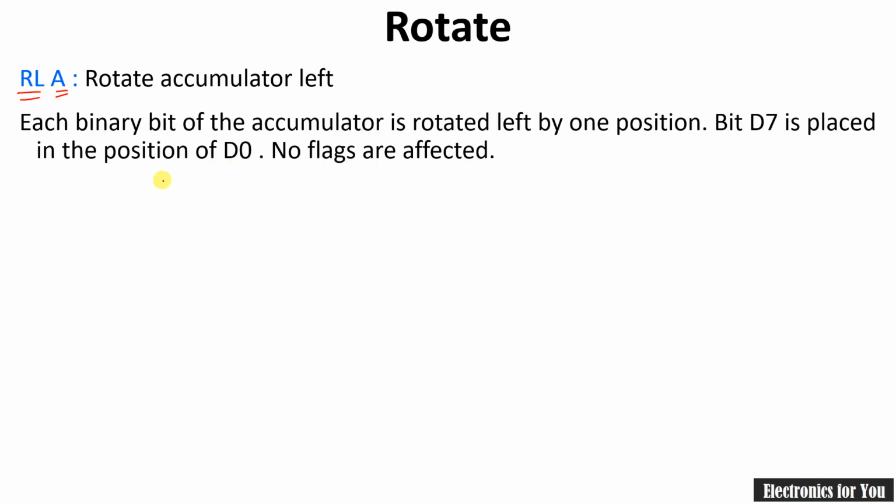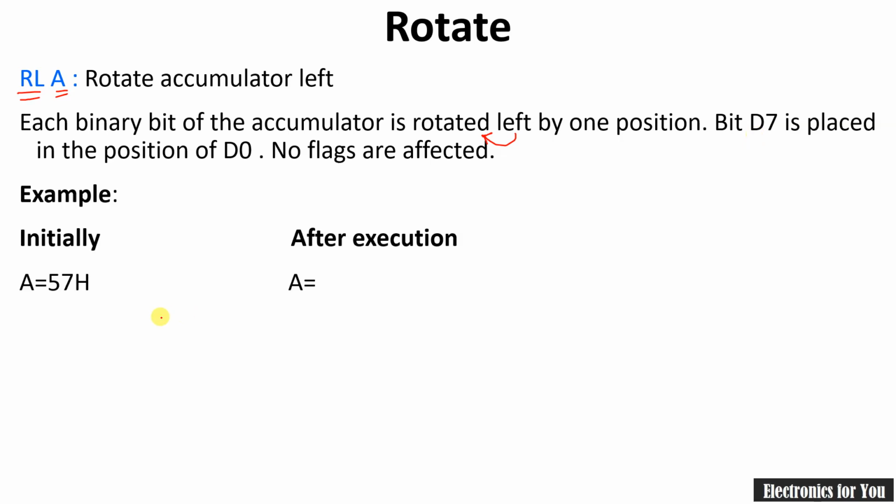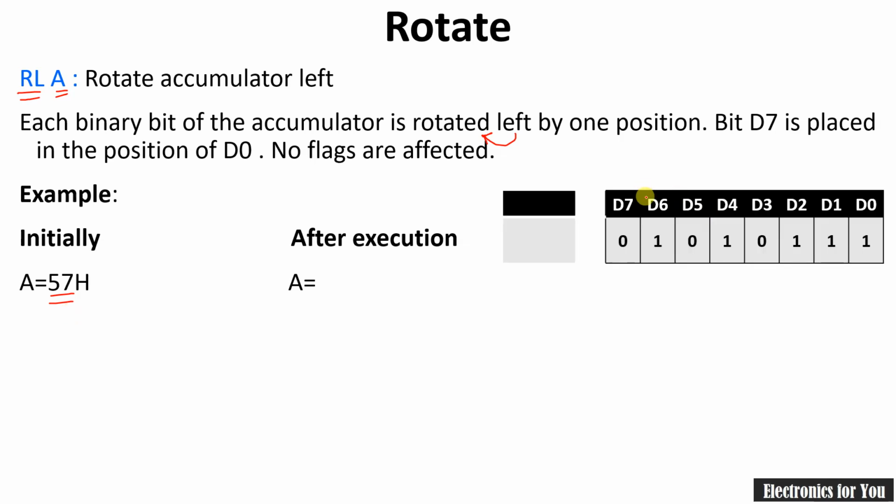For example, let us see it. Each bit will be shifted to the left by 1, and the last bit will be D7. In this case, for example, we have 57 as our data. 57 is indicated by 0101, this is 5, and 7 is indicated by 0111.